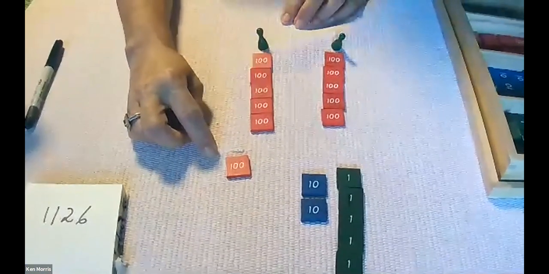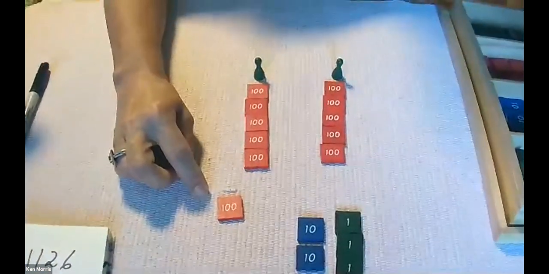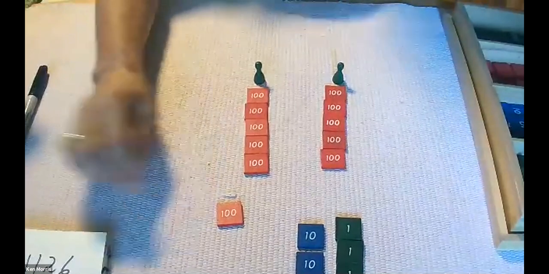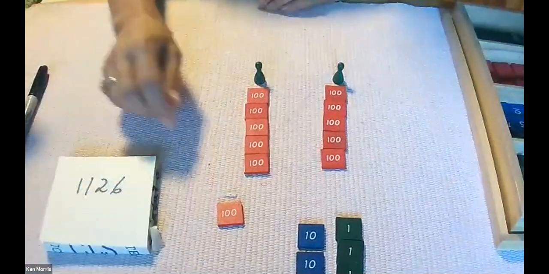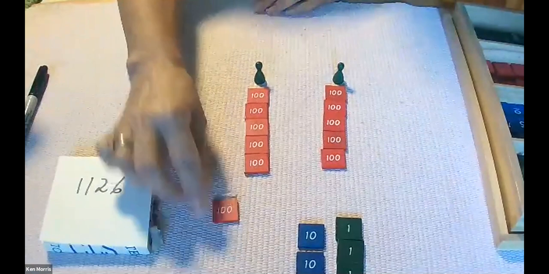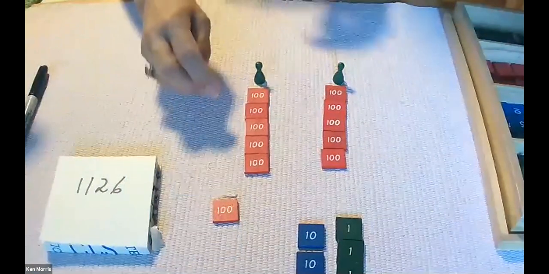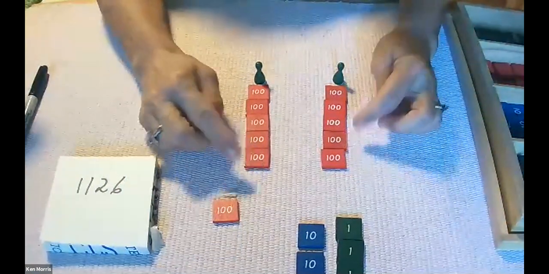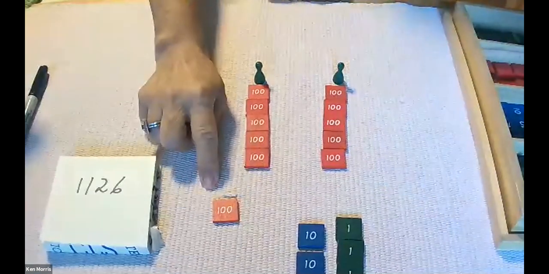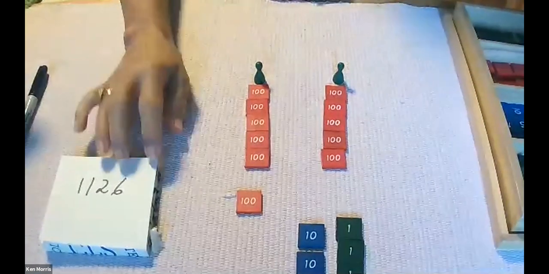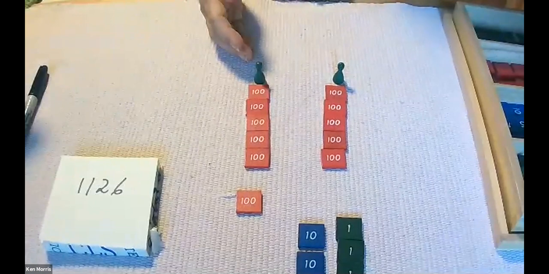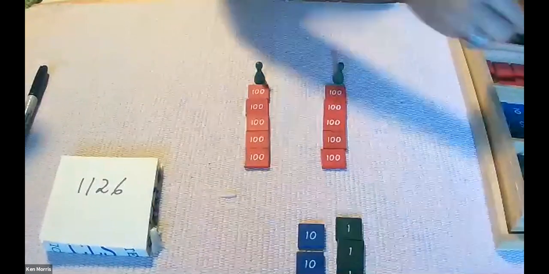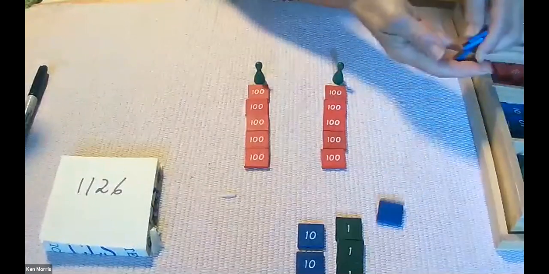Let me move this up a little bit so you can see the distribution better. There we go. I cannot distribute this 100 because that will give one Skittle more than the other. So I need to exchange this for 10 tens.